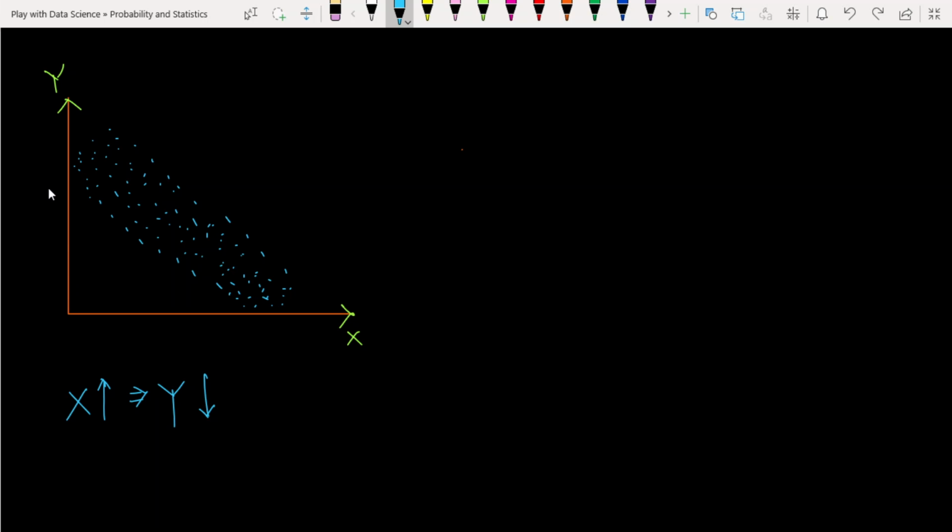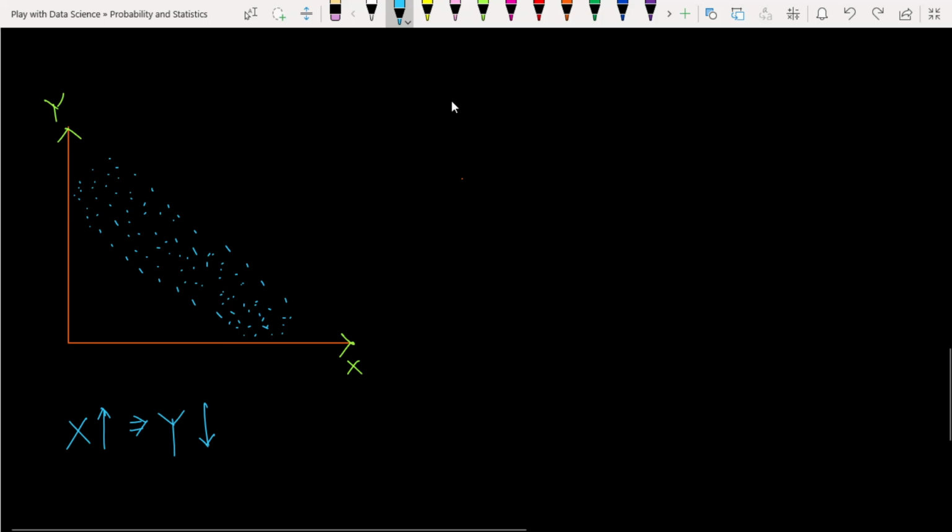Just see this: y value decreased but x value increased. In such a scenario, what will be the covariance value? Suppose our actual mean point looks like here, mu of x somewhere here, and the mean value of y lying somewhere here, mu of y.